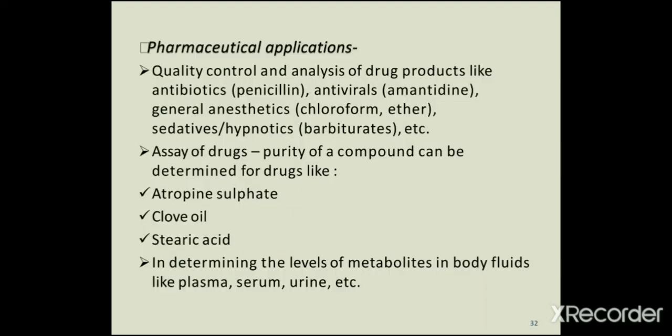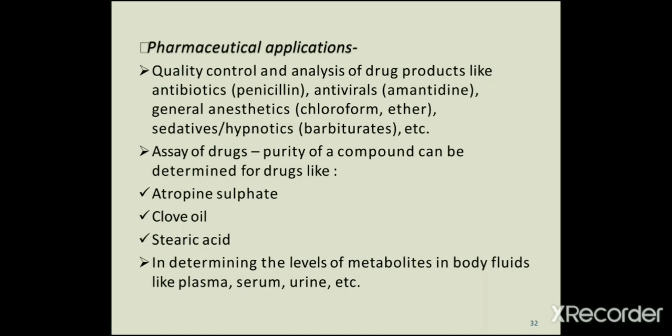Next are the applications of gas chromatography. Gas chromatography is basically used for the separation and analysis of the components of a mixture and analyte, so it has a wide range of applications.